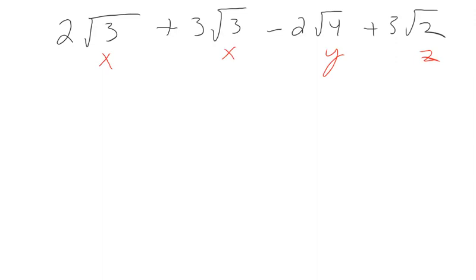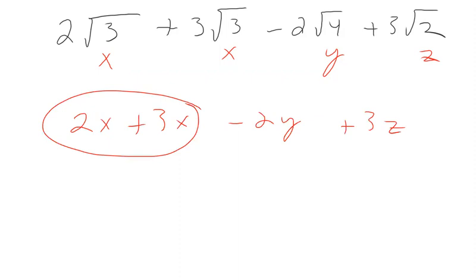So just like if this was 2x plus 3x minus 2y plus 3z, the only thing we could combine is these, right? So when you're combining radicals, all you can do, and remember this comes to 5x, is you combine what's on the outside and you do not change what's underneath the radical.